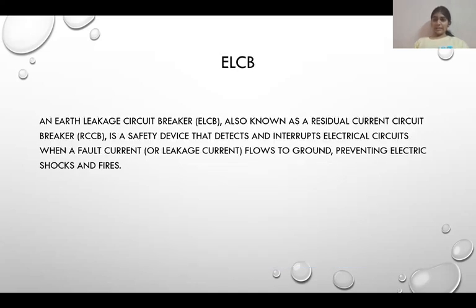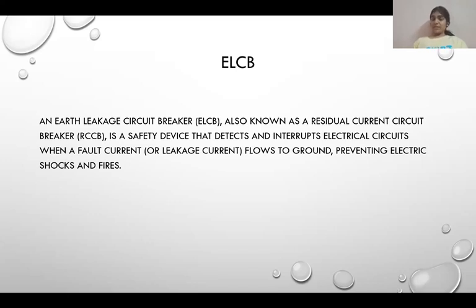And also ELCB. ELCB means earth leakage circuit breaker, and it is also known as a residual current circuit breaker. It is a safety device for electrical circuits which interrupts current. When there is a fault current, it flows to the ground, so it prevents electric shocks and fires.